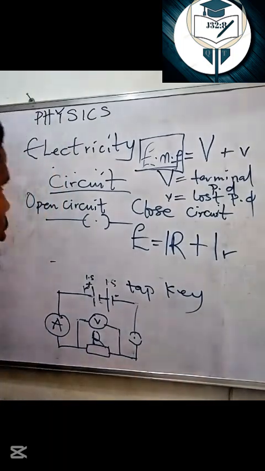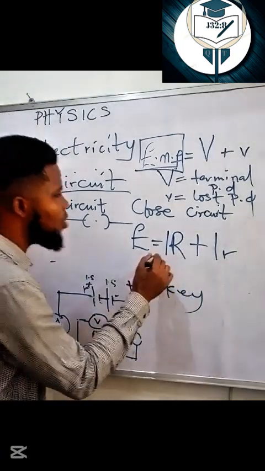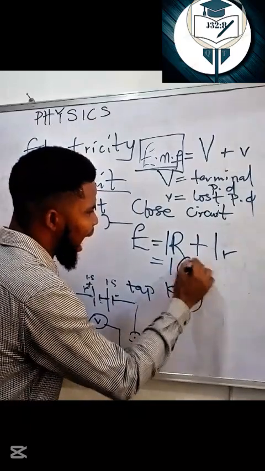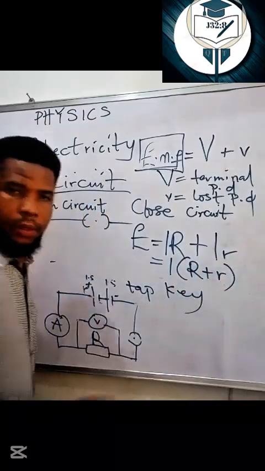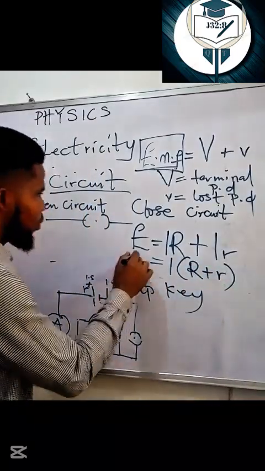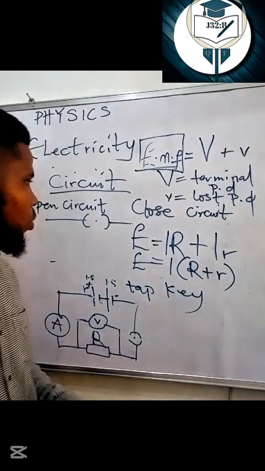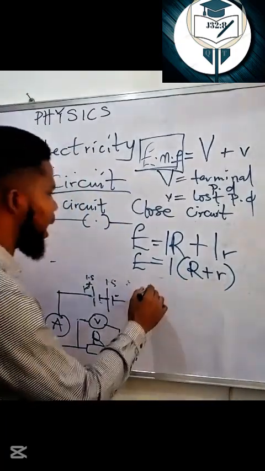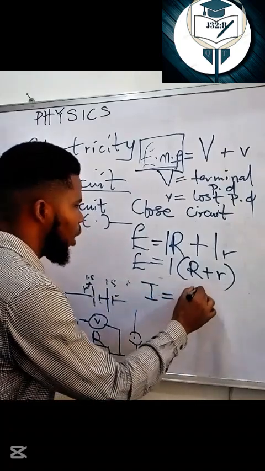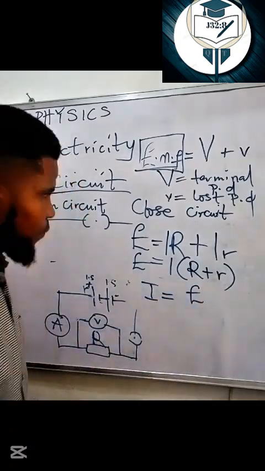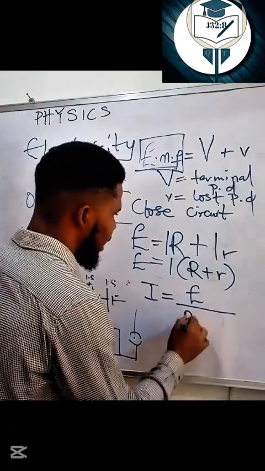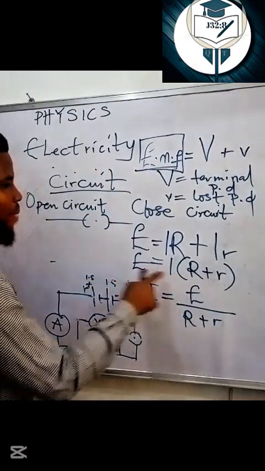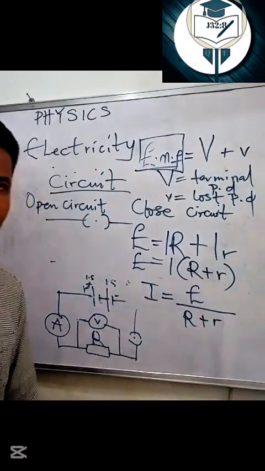You understand that? So that is why they are using the same current. So when you factorize that, it means that E is equal to I times R plus small letter r. So that helps you to be able to determine your current. Let's assume we are looking for current. It means that the formula for our current would have been what? The EMF over R plus small letter r. When you divide both sides by R plus small letter r, you get that.